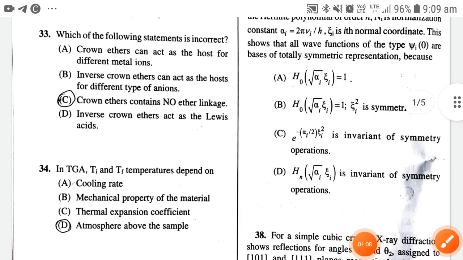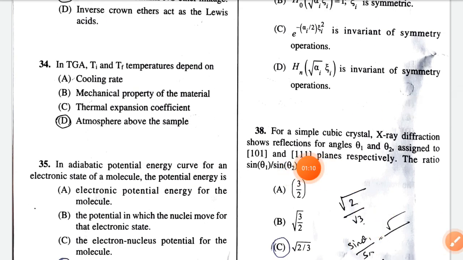Okay. Next, for the simple cubic crystal, X-ray diffraction shows reflections for angles theta 1 and theta 2 assigned to 101 and 111 planes respectively.